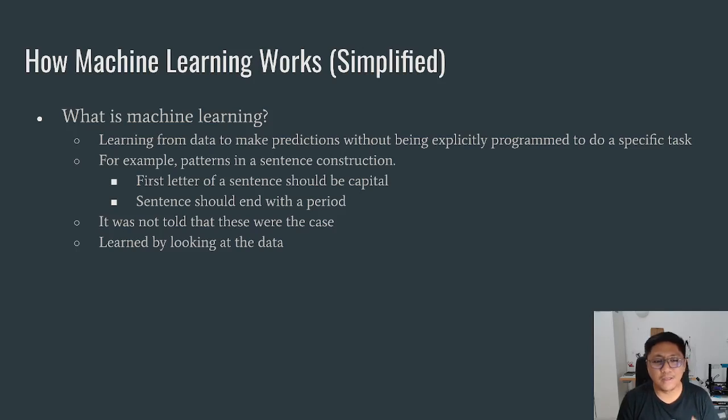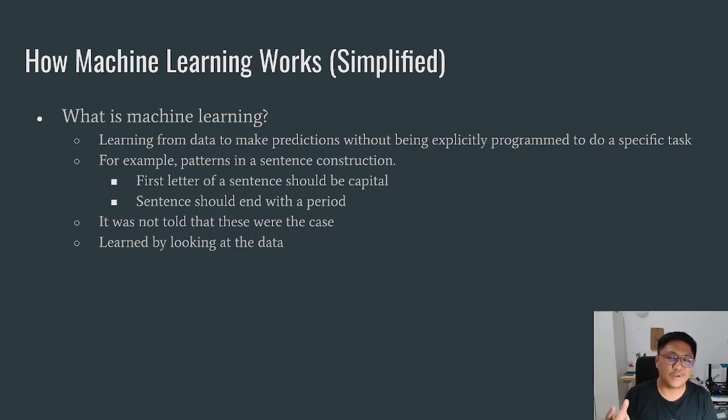For example, in trying to determine how a sentence is constructed, we would have a model wherein we would give it lots and lots of written documents or written works, wherein after going through the data, it would be able to infer and it would be able to see, like for example, oh, wait a minute.